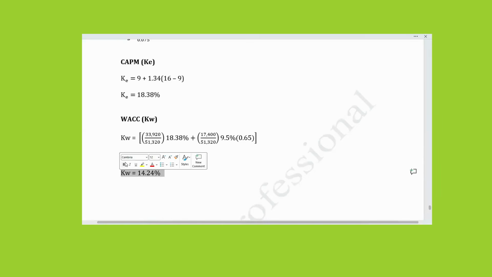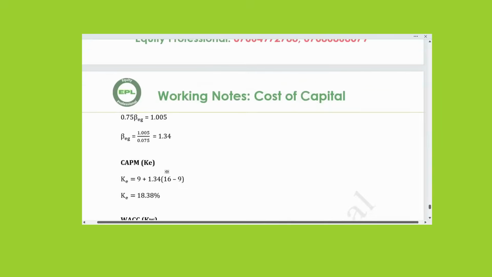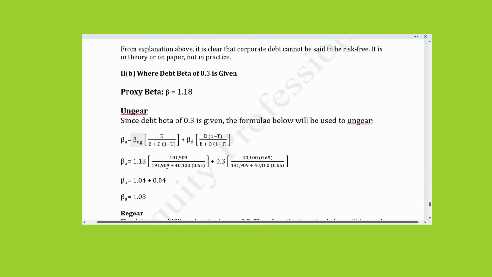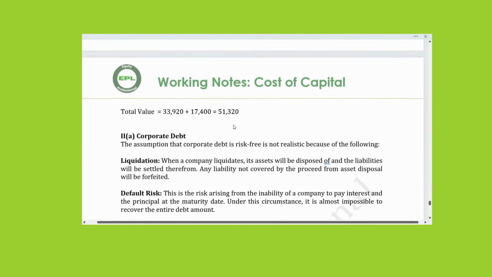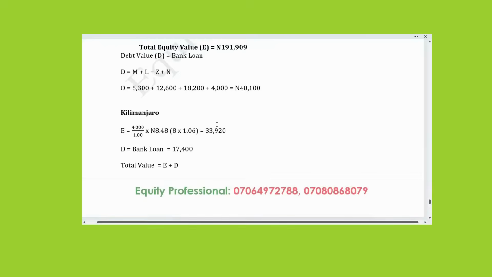The WACC we computed where debt beta is introduced is 14.29. Where there is no beta, our WACC was 14.47. So there is a margin of error.